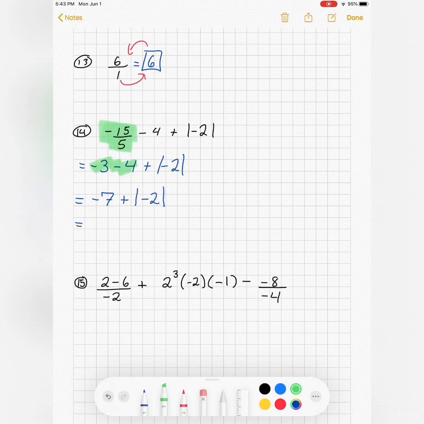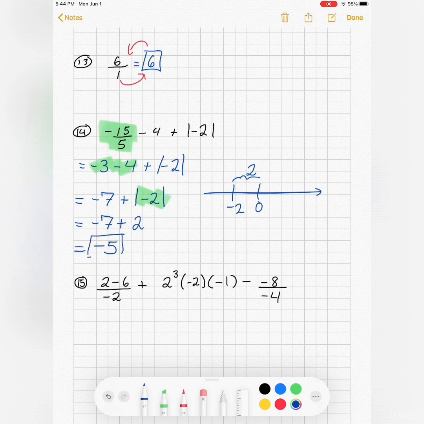Well, now I have to deal with this absolute value. Do you remember the absolute value of negative 2? That's where we said, what is the distance from 0 to negative 2? The distance is 2 units, right? $7 in debt, I pay back $2. I'm still $5 in debt.